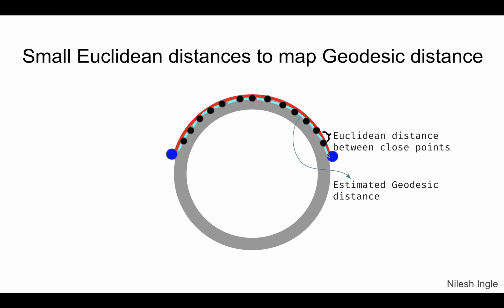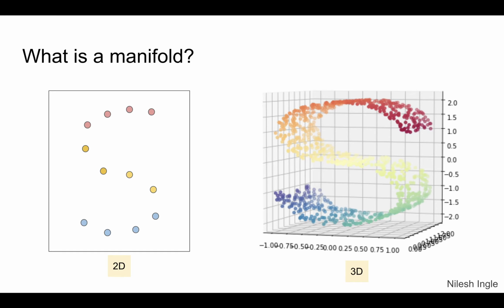And what we can then do is we can find these Euclidean distances from these smaller cities, and together the Euclidean distance would be kind of closer to the actual geodesic distance. So this is the reason why we are discussing this, is because that's one of the methods that is used in manifold learning. So what is a manifold then?